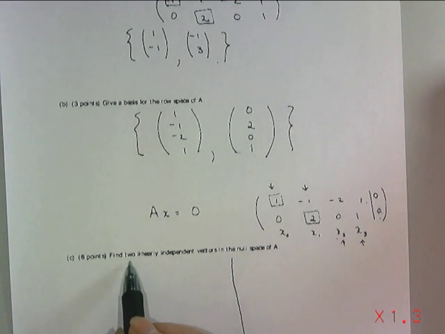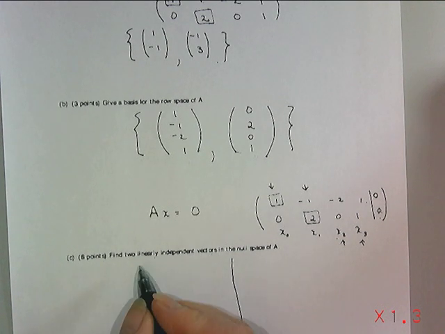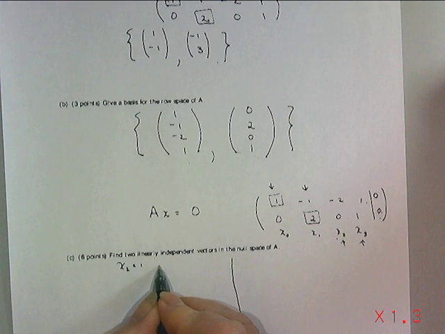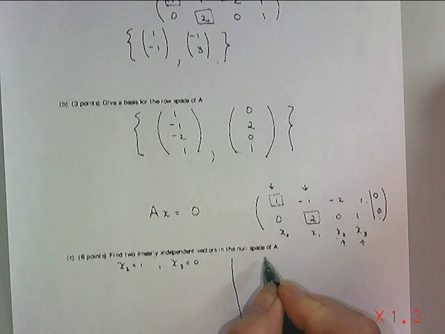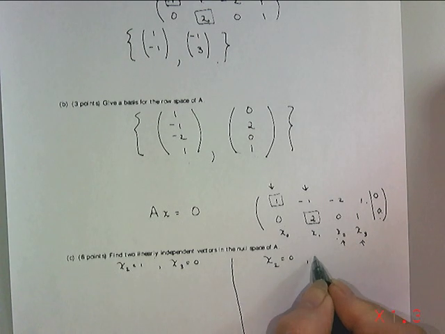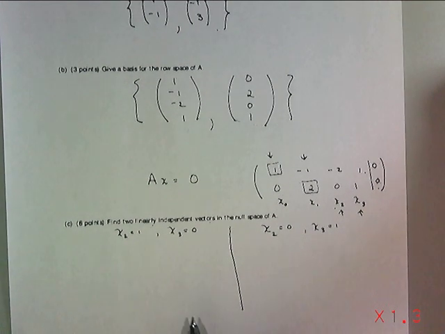I want to find 2 linearly independent vectors. To find the first one, I'm going to set chi2 equal to 1 and chi3 equal to 0, and then I'll switch. To find the second one, I'll let chi2 be equal to 0 and chi3 be equal to 1.